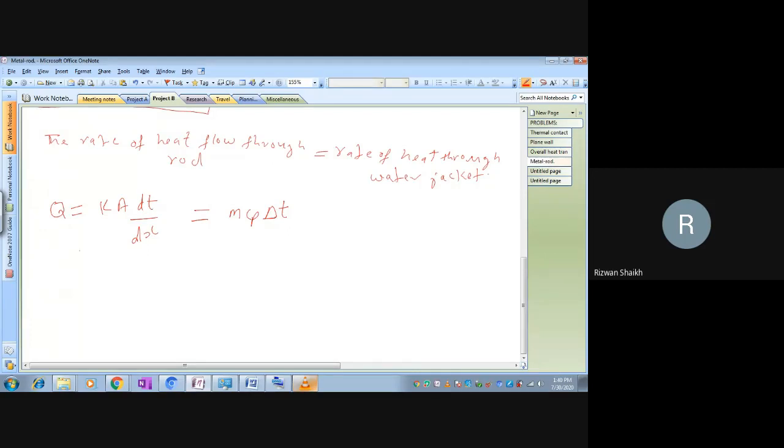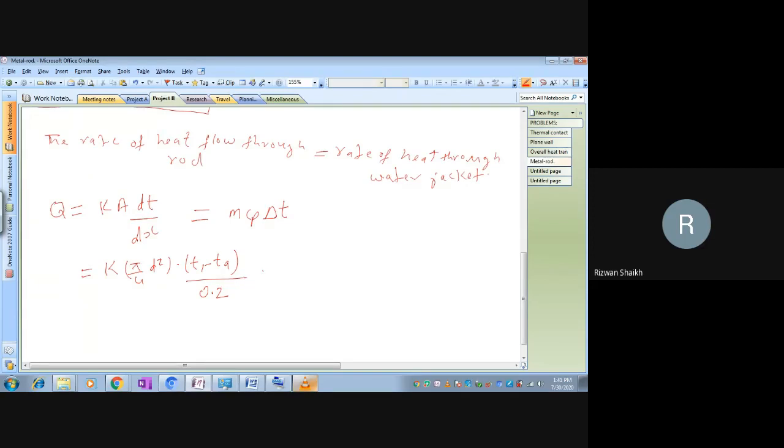Now if I apply the values, K is unknown, which we have to calculate. Area will be pi by 4 d square, into dT, the change of temperature, which here will be T1 minus T9, because T1 and T9 are the temperatures on the rod, divided by dx, the path length through which heat is getting transferred. The length of the rod is 200 mm, so it is 0.2 meter.